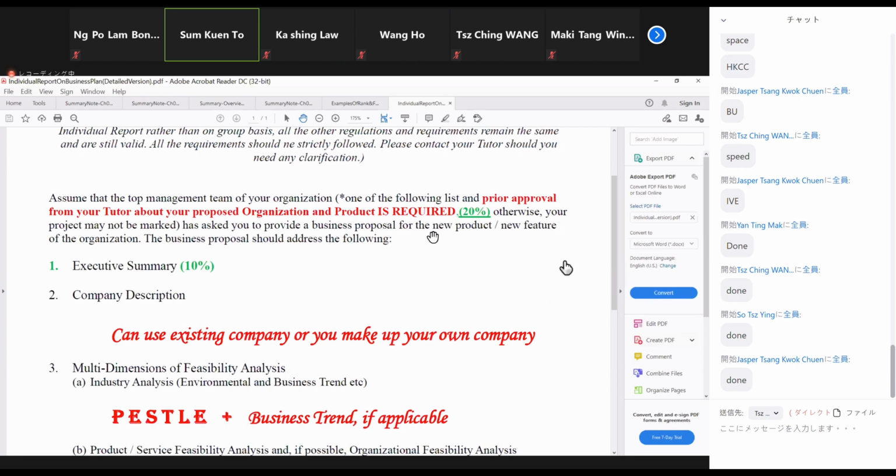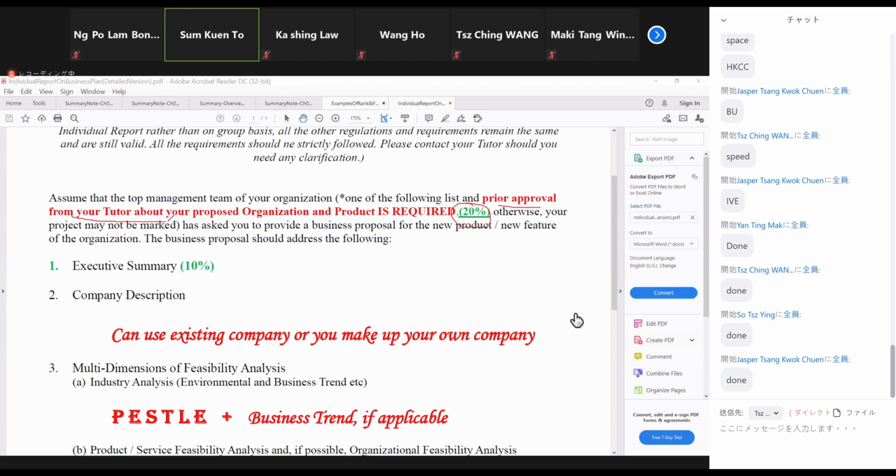So point number one, in the assessment form, your business plan, out of 100%, 20% goes for creativity. And I suggest you get my approval before you go ahead to write anything.